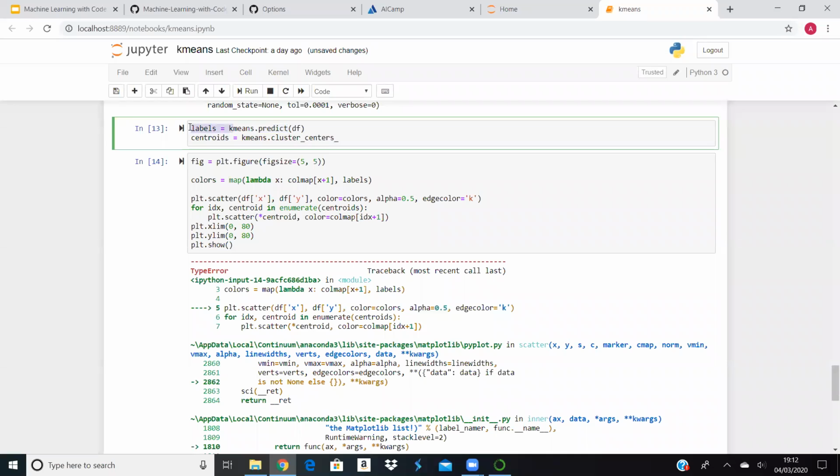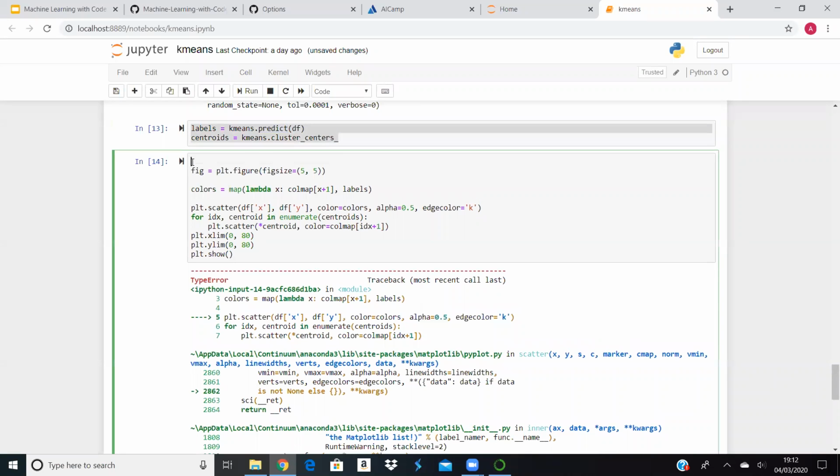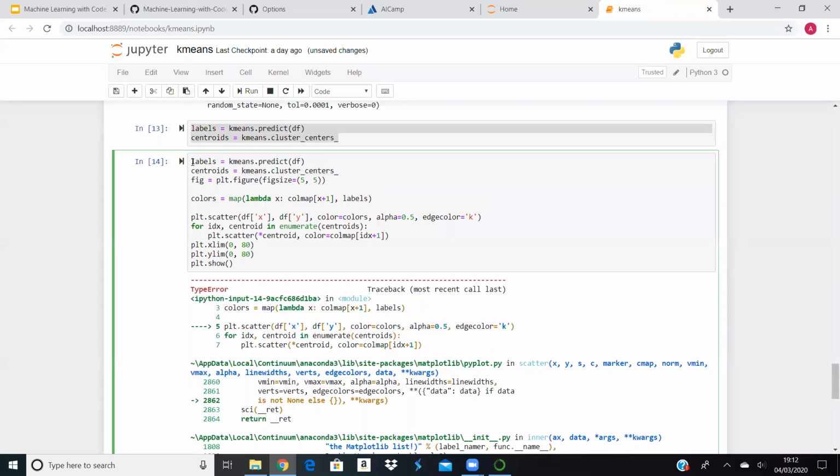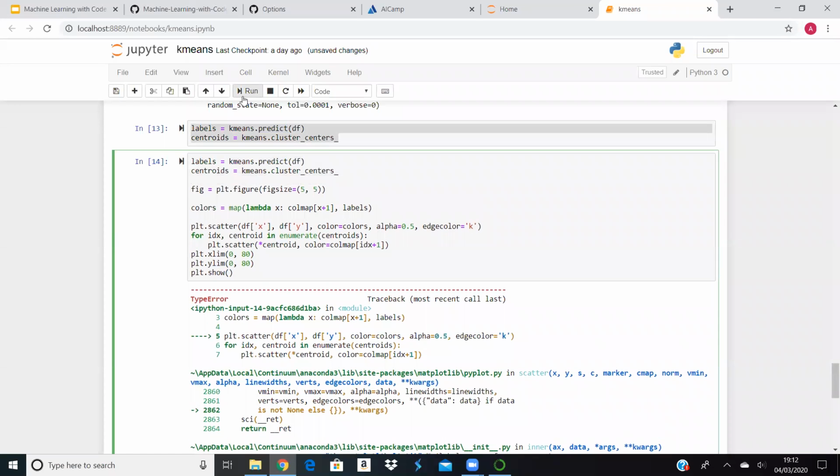So basically we are using the predict function here again, but since we do not have training and testing data, we are just running the entire data set here.